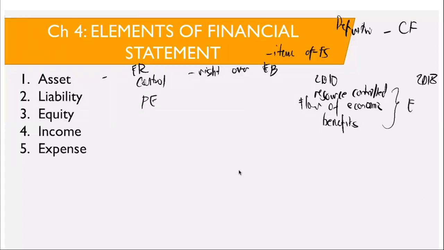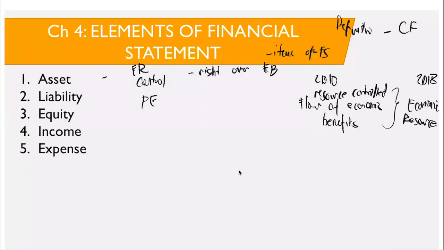What is the term used now? It is now your economic resource. Therefore, when we talk about economic resource, these are the different resources controlled by the entity which you have the right to have economic benefits from. So the definition is shrunk into one particular term, your economic resource.